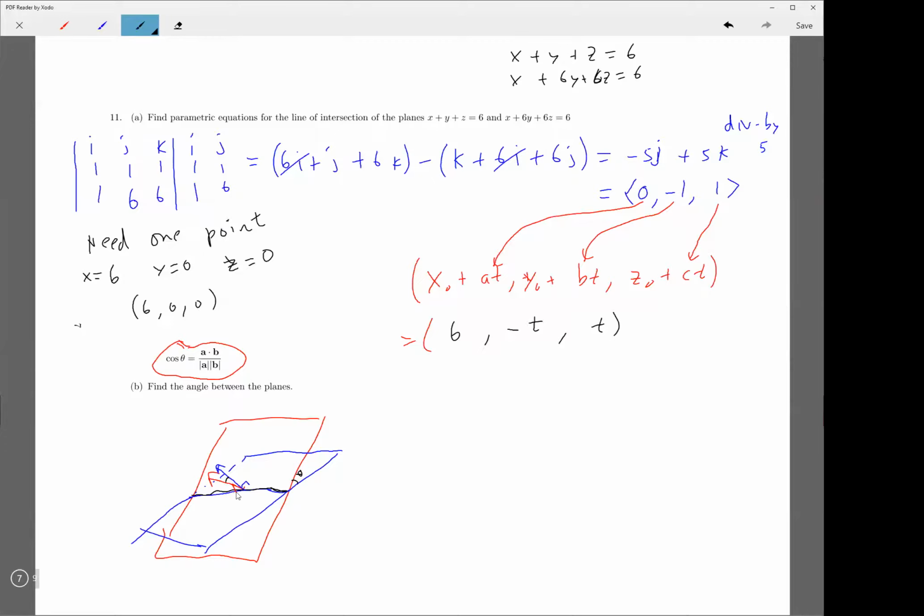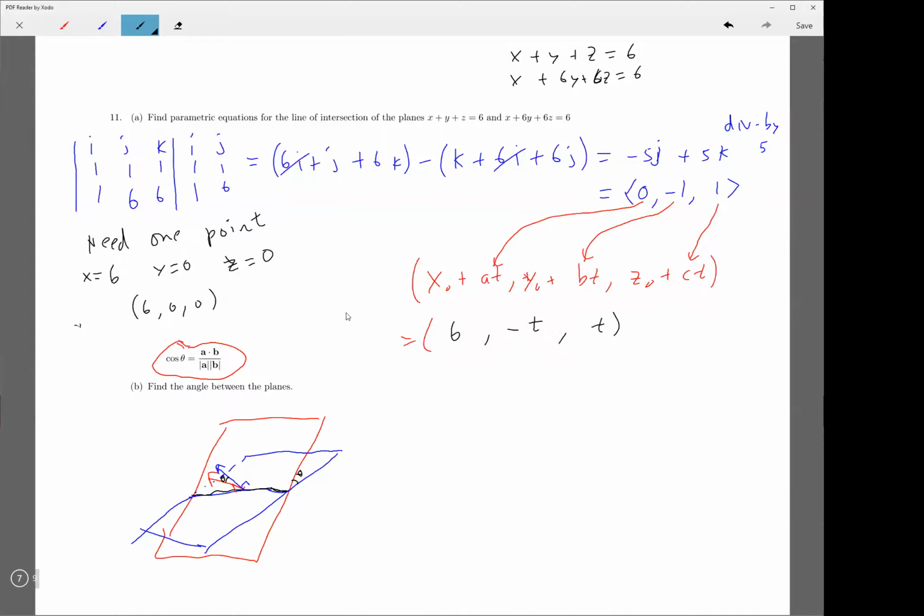Because basically you're just shifting both of these vectors. If we added 90 degrees, or pi over 2, to both of these vectors, then the angle is still going to be the same. So the angle between the normals is the same as the angle between the planes.